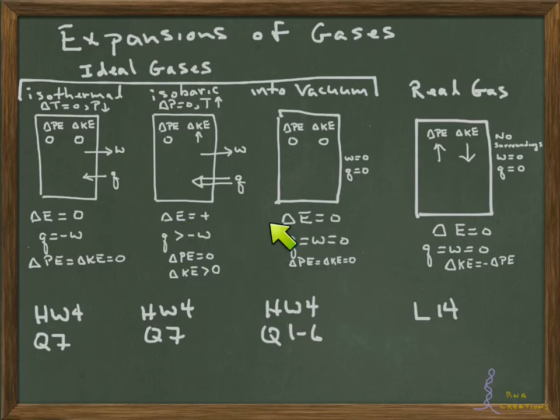In the first and fourth cases, even though delta E is 0, 2 of the other terms are not 0. In the first case, it's Q and W that are not 0, but they have to be equal to the minus of each other so that their sum is 0. While in the fourth case, it's delta KE and delta PE that are not 0, but their sum is equal to 0.